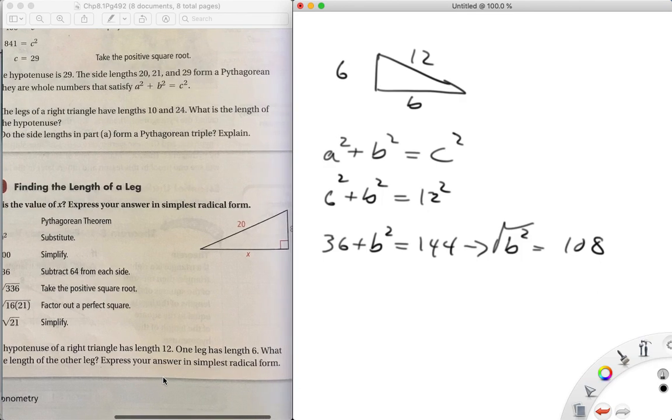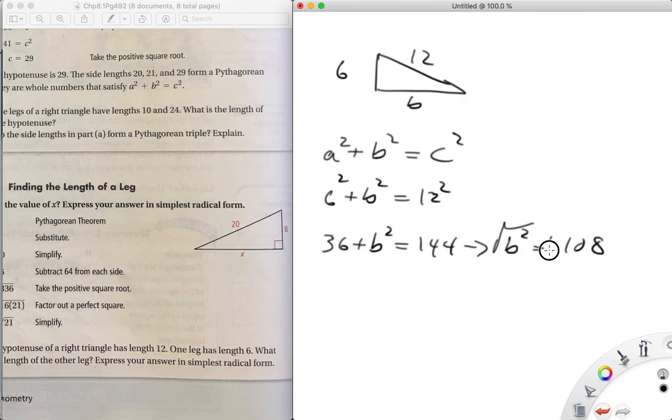Notice it says to express your answer in simplest radical form, meaning I'm going to have a square root answer. So the square root of b squared is b, and the square root of 108 is not a perfect square. So I'm going to have to factor it. Let's see, 108 divided by 4 divided by 9.